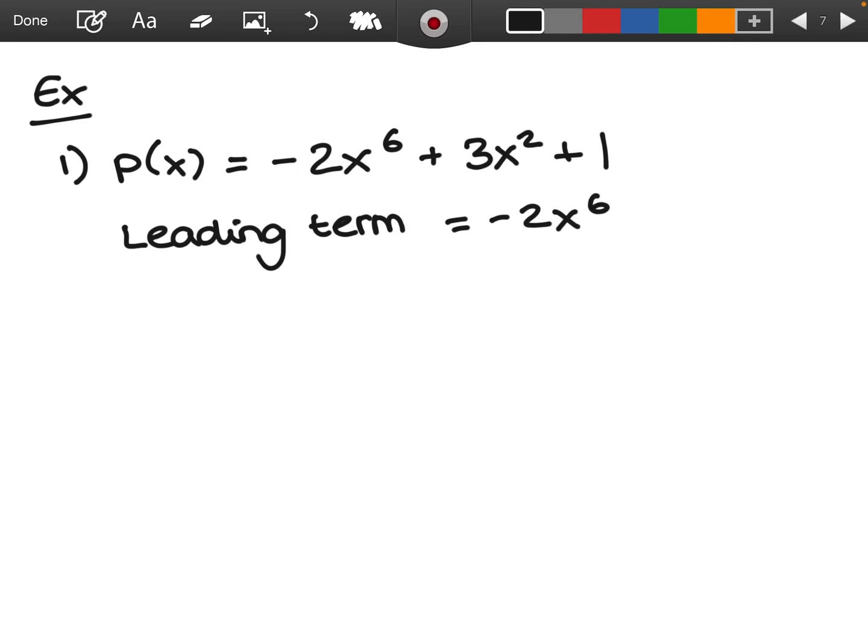Okay. Now I'm going to use that to tell me what happens as x gets very large in the positive direction and x gets very large in the negative direction. Whenever you do this, big key here is to look at the power. Okay. You want to look at whether it's odd or even. If that power is even, it's going to look very much like a quadratic graph.